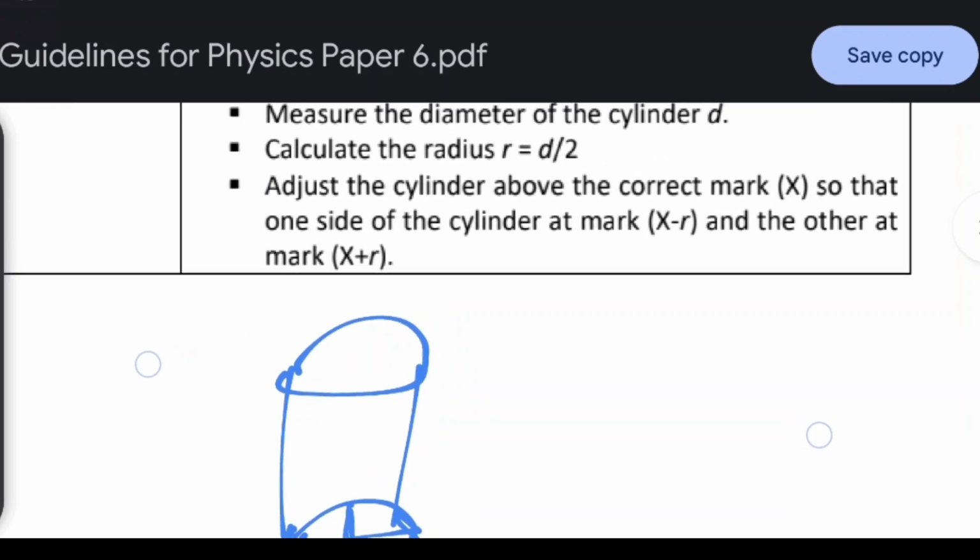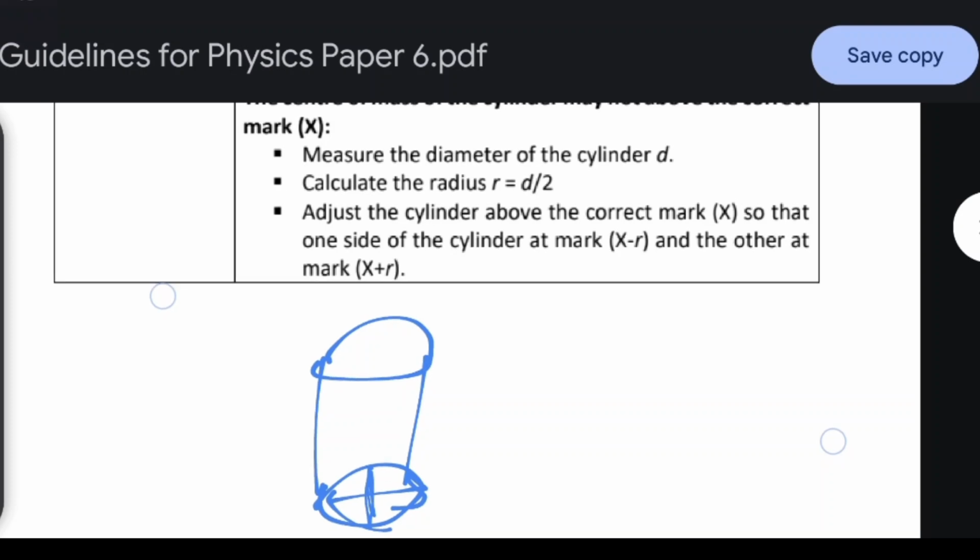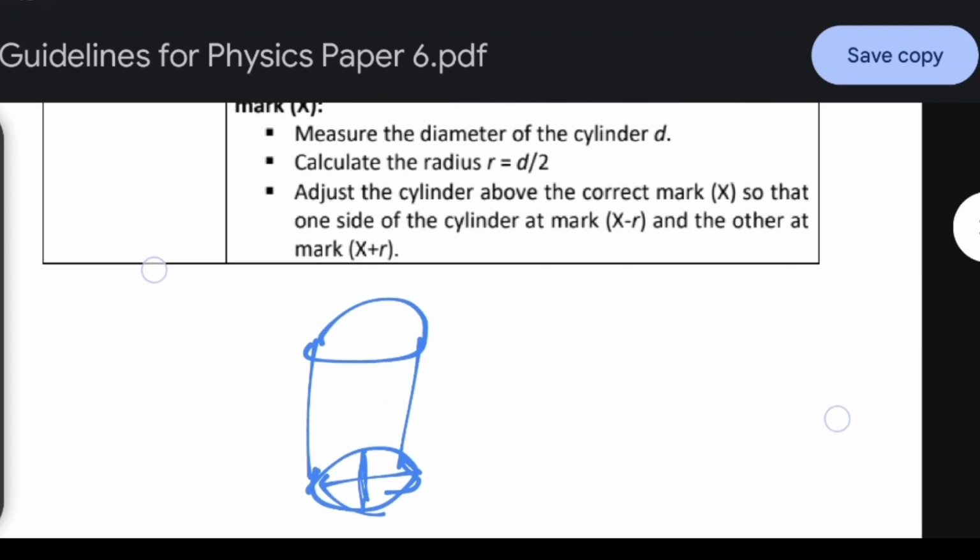All right. Then adjust the cylinder above the mark x so that one side of the cylinder is at x minus r and the other is at x plus r.